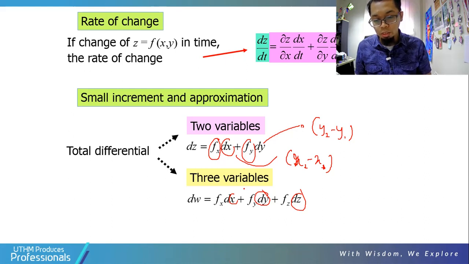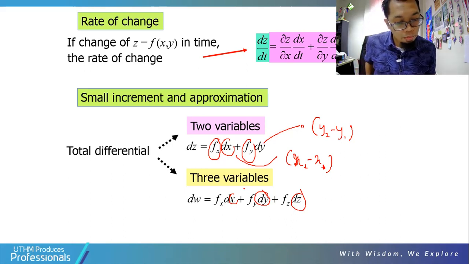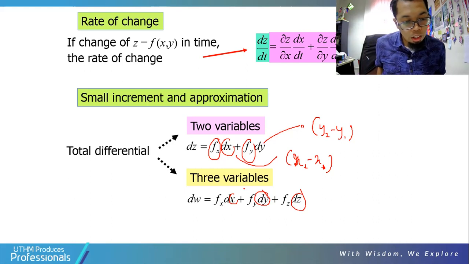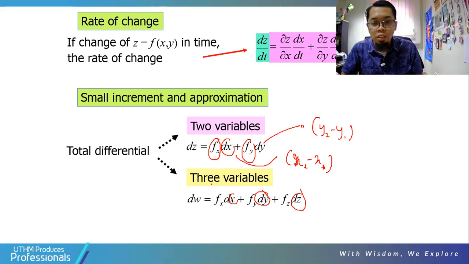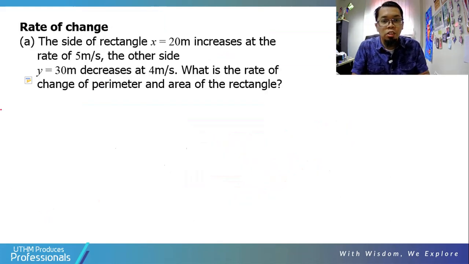Small increment. Okay, point 2 minus point 1. Okay, correct. So at the point 2 minus point 1. So three variables are similar too, at point 2 minus point 1.